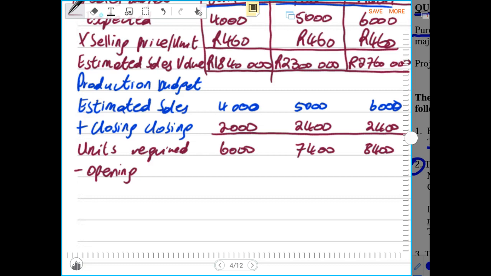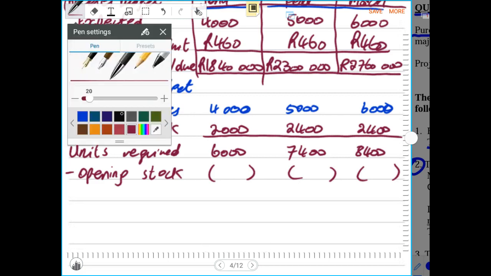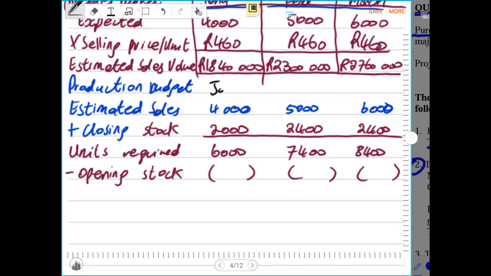Opening, I said closing stock. Then this is opening stock, and we know that it has to be negative. And don't forget the accounting principle. Let me just save my months here so that we are clear.